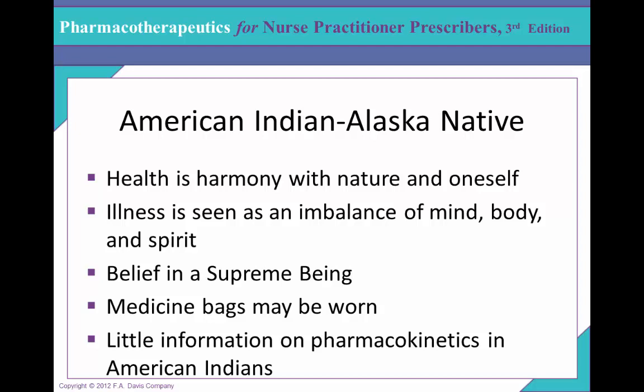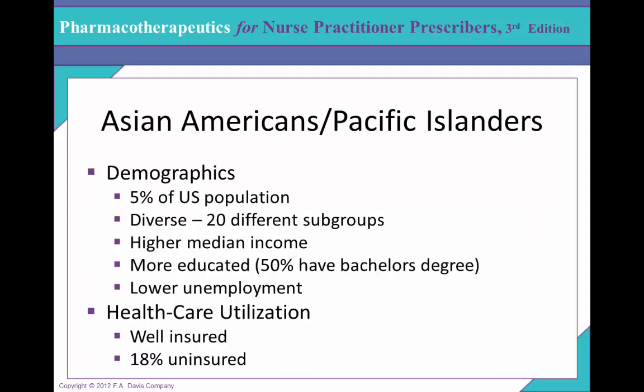Theology and medicine is very strong for them in their belief. They believe in allopathic medicine. They're very well insured, very low degree of unemployment, so they could afford medication better than the rest of the population.